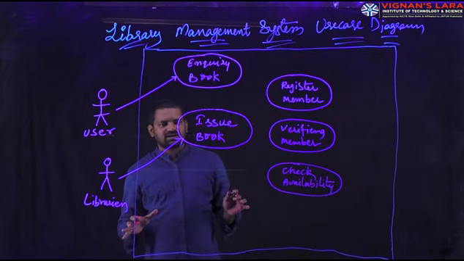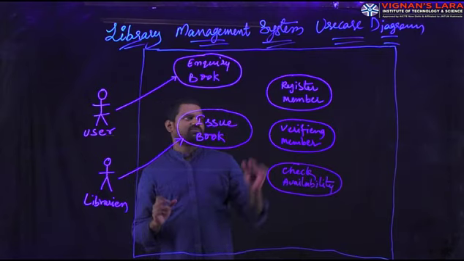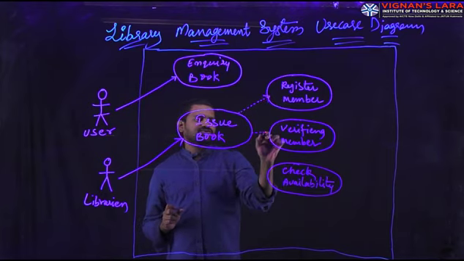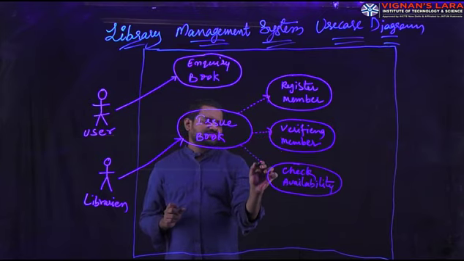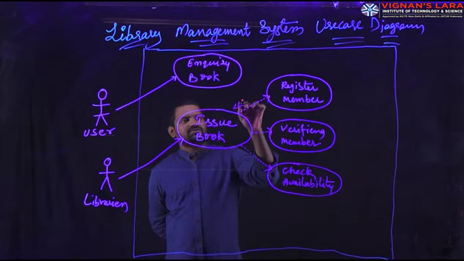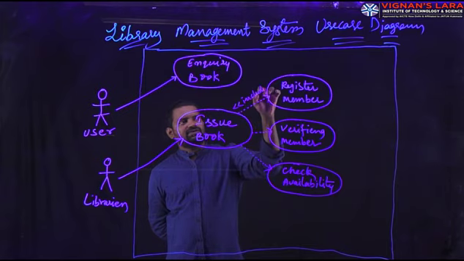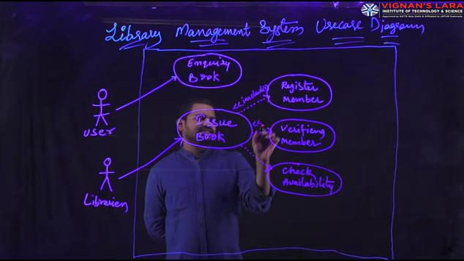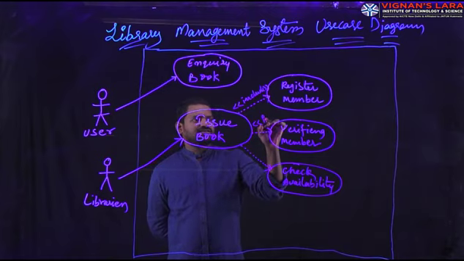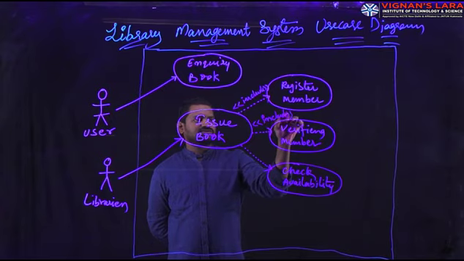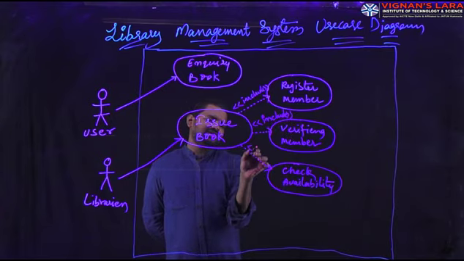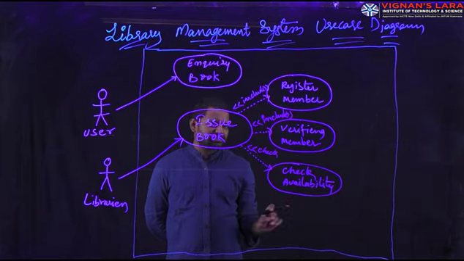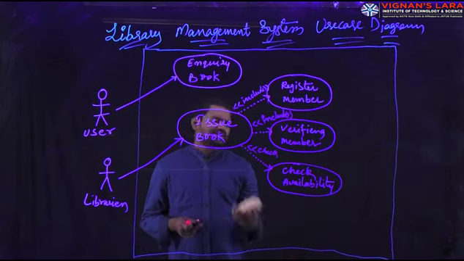All of those are checked at the time of issuing a book, and all are checked regularly. For that you compulsorily use the include relationship. Every time a book is issued, checking the registered member, verifying the member, and checking availability of the book are done.